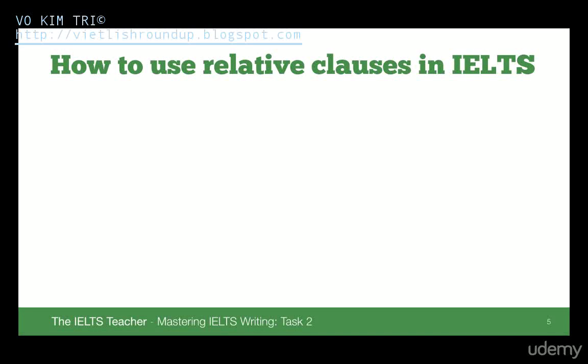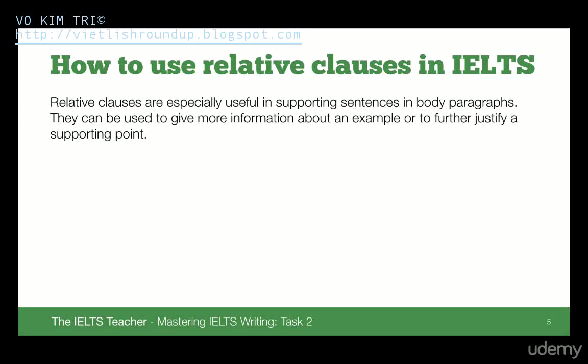So how would we use these relative clauses in the IELTS exam, particularly in writing task 2? Well, they're very useful when writing supporting sentences in body paragraphs. They can be used to give more information about an example or to further justify a supporting point. Let's look at some examples. First of all, the subsidisation of sports facilities, arguing for this.